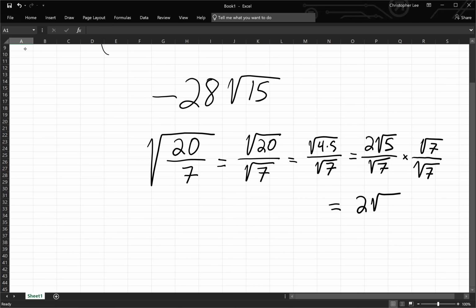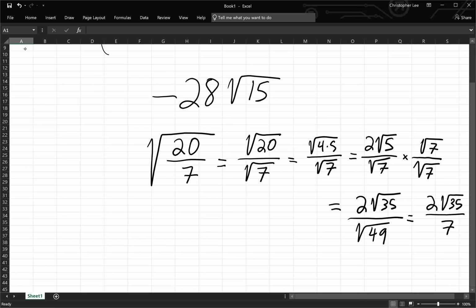Square root 5 times square root 7 is square root 35, over square root 7 times square root 7, which is square root 49, and the square root of 49 is 7. So it's 2 square root 35 over 7. And that's it.